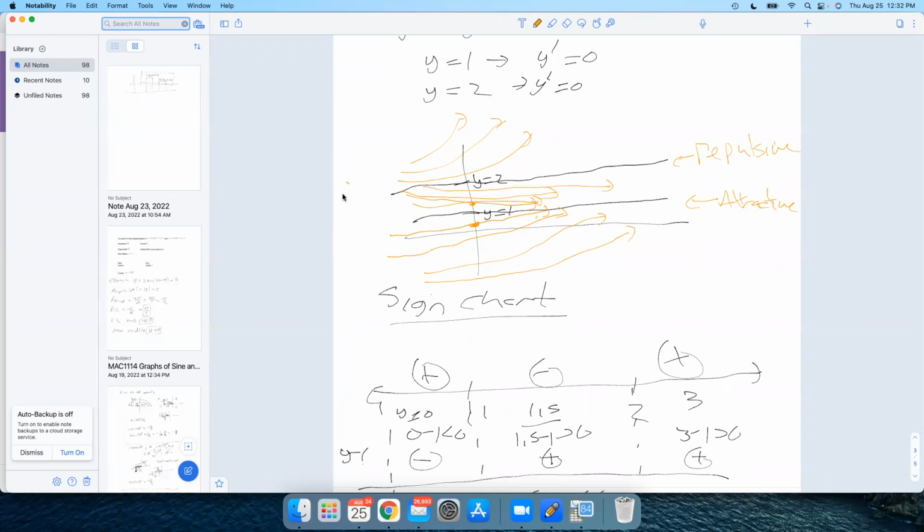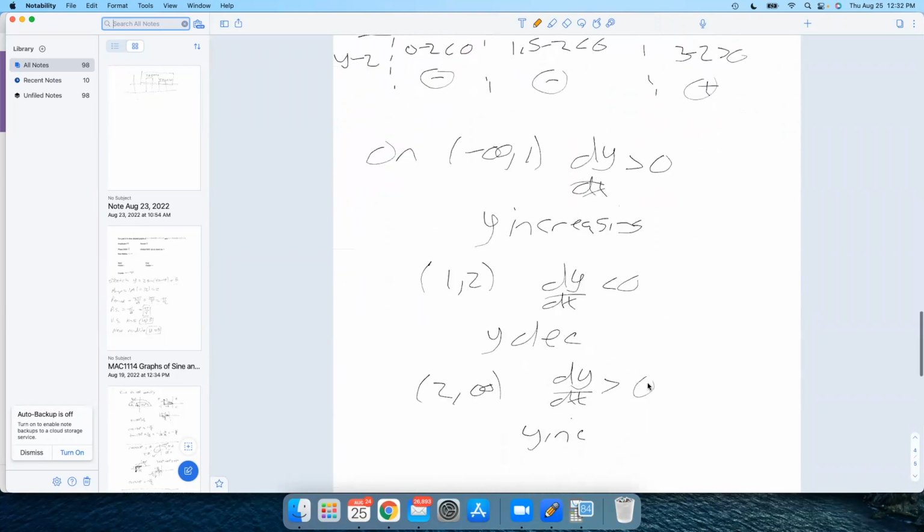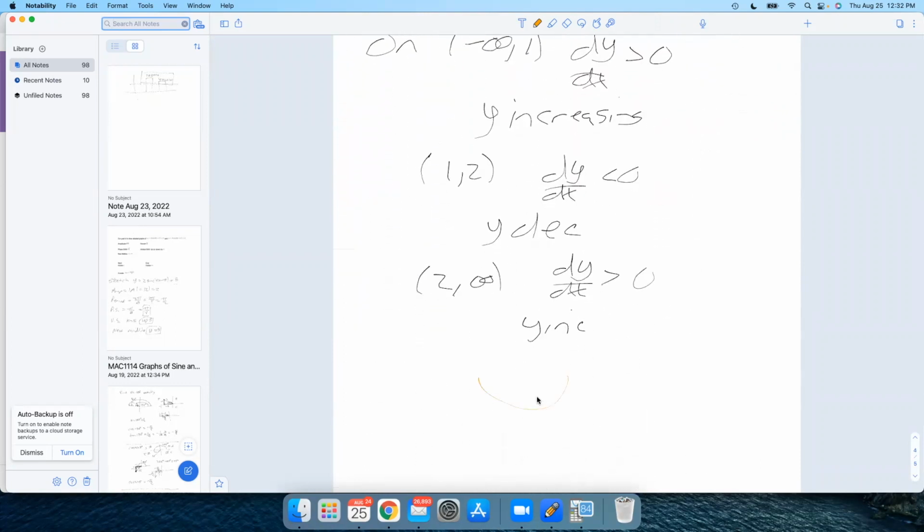These two we call equilibrium solutions, because they're just flat. And this is a stable equilibrium. Like if you put a ball in a valley and you shove it a little bit, it'll roll back down to this stable equilibrium.